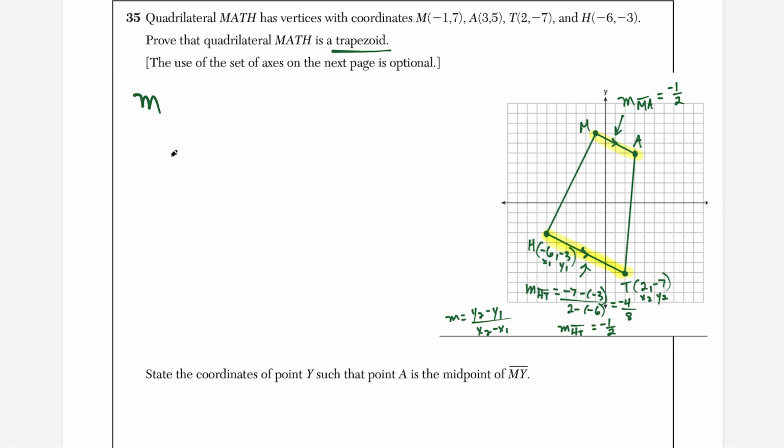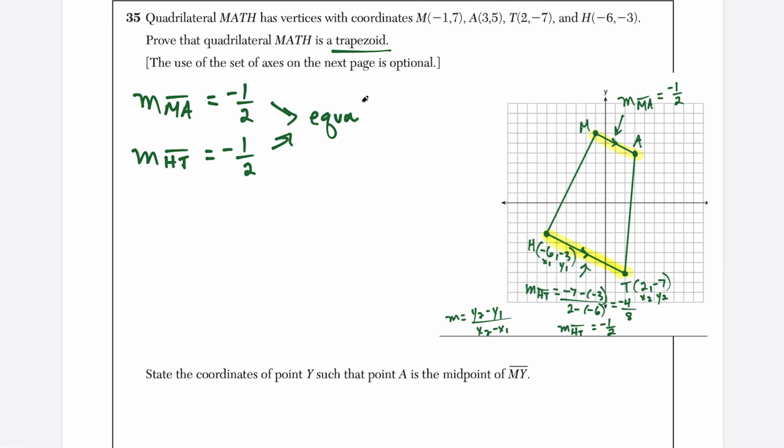So we're going to say over here in the workspace that the slope of line segment MA is equal to -1/2. And we're going to comment here that the slope of line segment HT is also -1/2. And what we could do is we could just write lines here, or we could draw lines like this and say that, hey, these are equal.